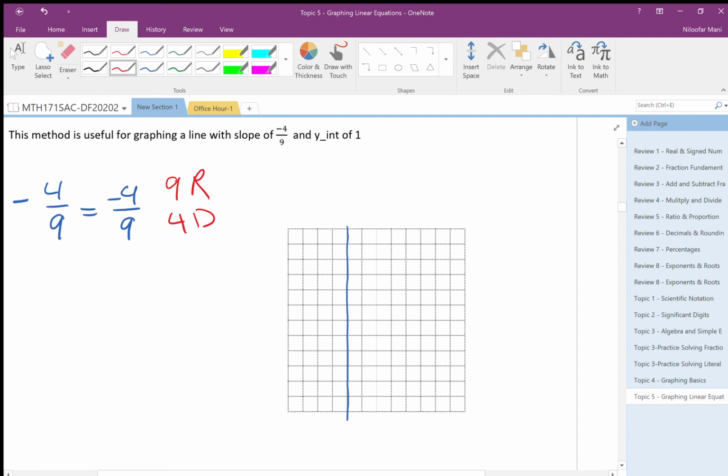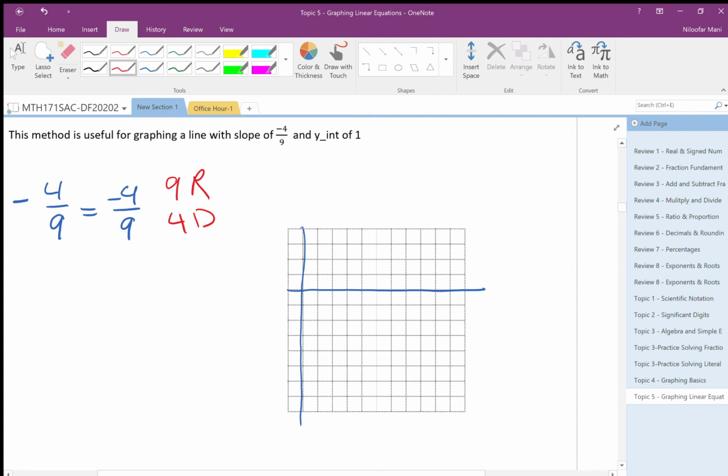Okay, so before I start the graphing, before I find my y-intercept, I do look at the rise and run. I need a space to go 9 to the right, and I go 4 down. Okay, so I go here, and I go here. So this is 1.